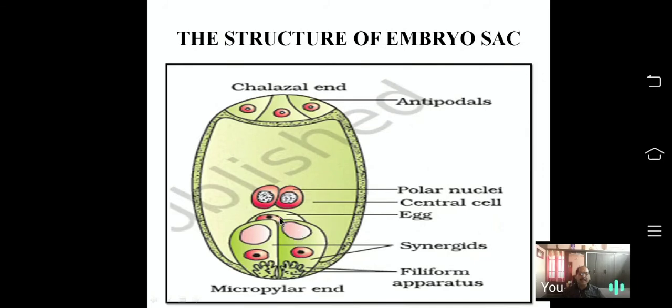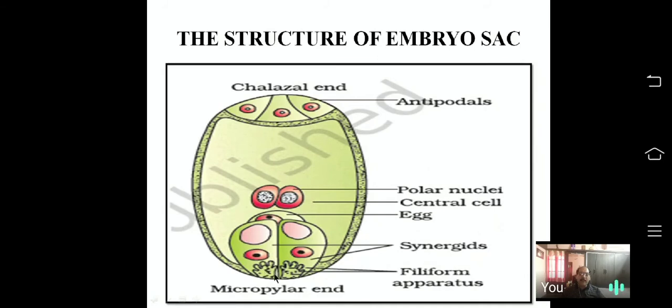Egg always lies towards the micropylar end. The two synergid cells towards their basal region have finger-like projections. This apparatus is called the filiform apparatus.